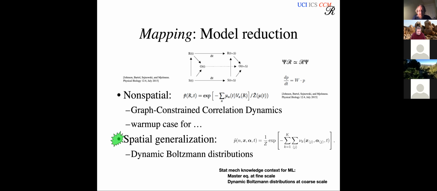And in this case, the coarse scale reduced model was not spatial.